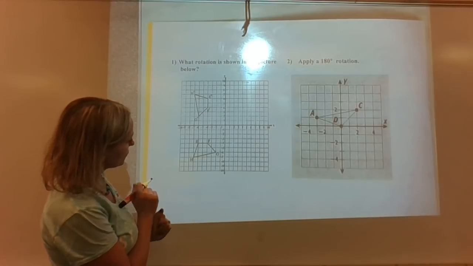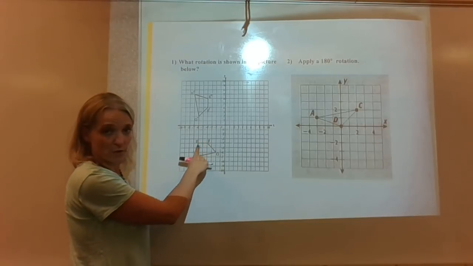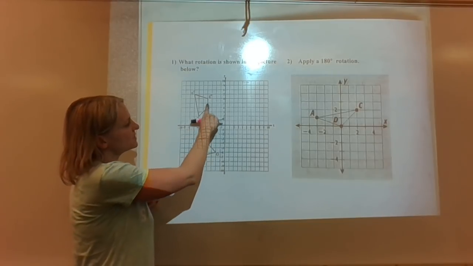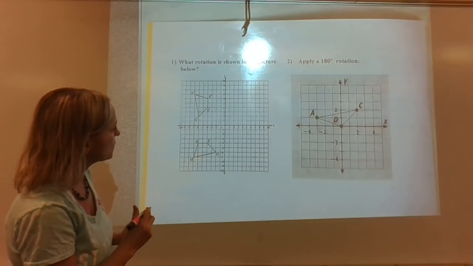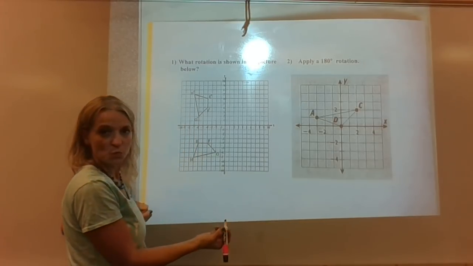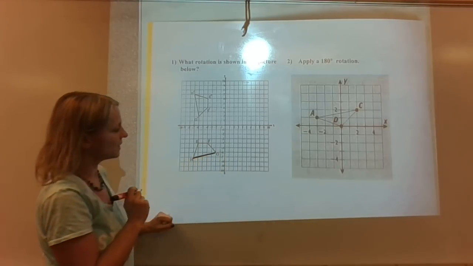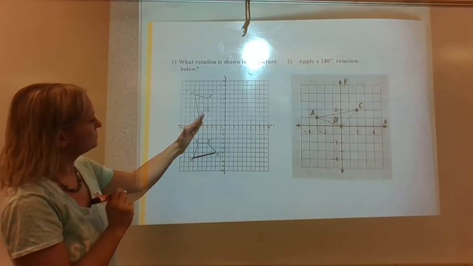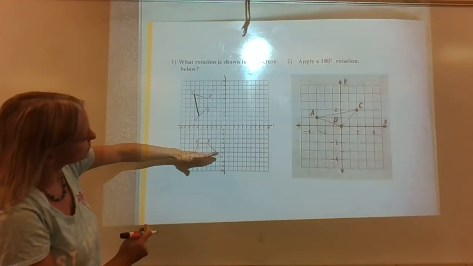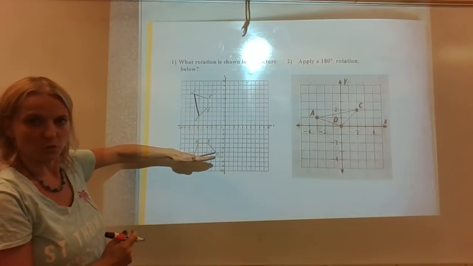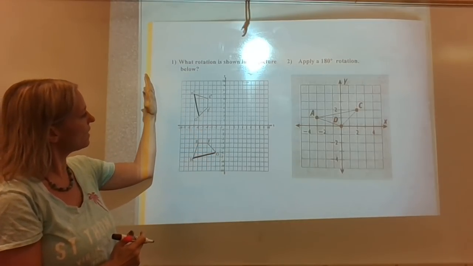So on this one, these are my regular E, F, G, and H. So this is my original or my pre-image, and this is my image afterwards because it has the prime. Okay? What I would notice on this one, if I pick just one side, look at HG. HG was on the bottom, and it rotated until it was over here on the side. Okay, so it's going from here, almost horizontal, it's tilted a little bit, to almost vertical.